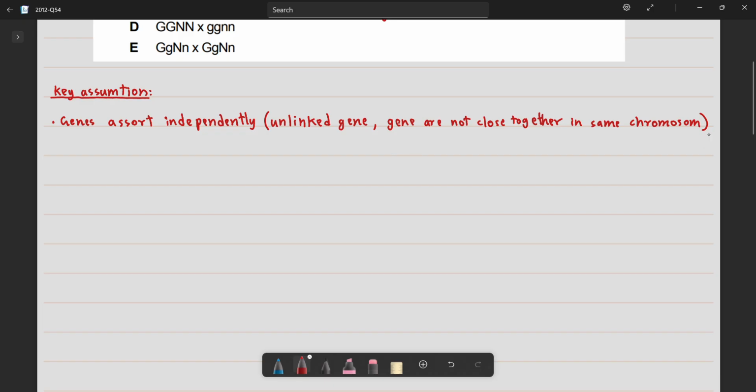Okay, so to picture clearly what this means, for example, this is the diagram I have.